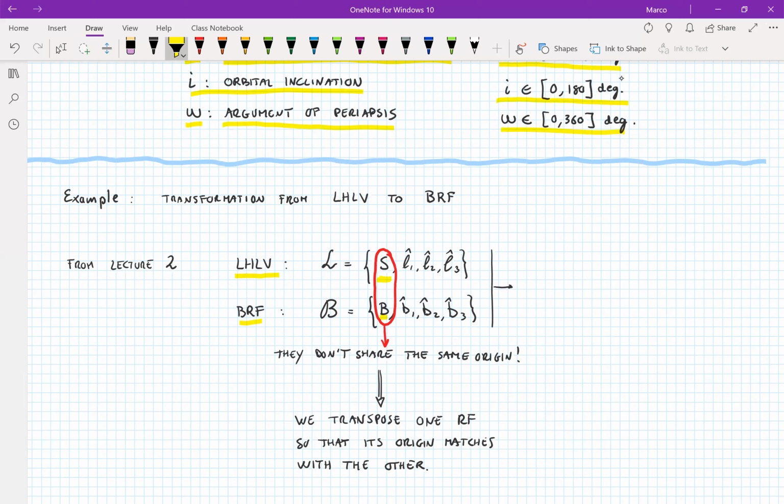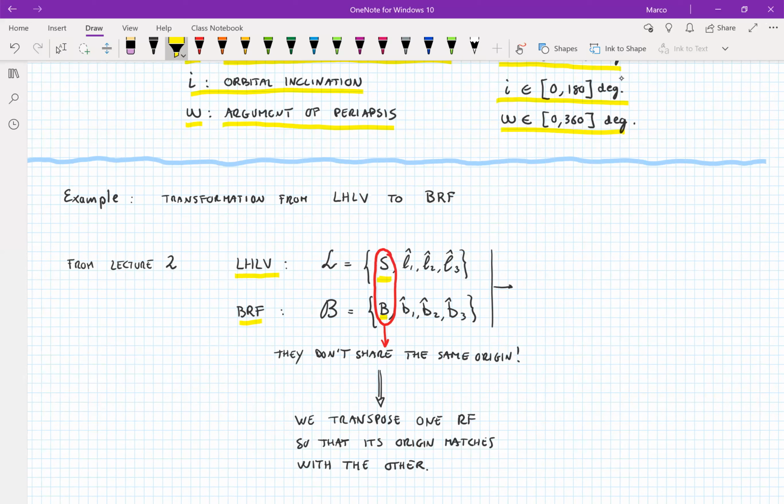Well, the problem can be easily solved by always adding the distance, so the vector that is the distance between the two origins. So we can transpose one reference frame so that its origin coincides with the origin of the second reference frame.